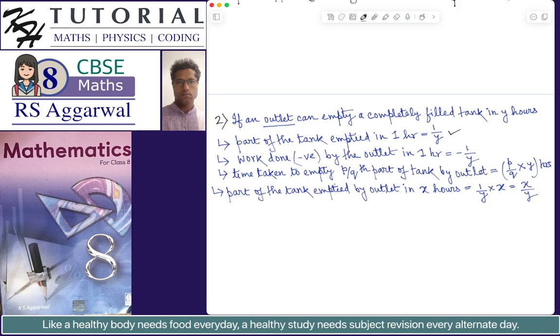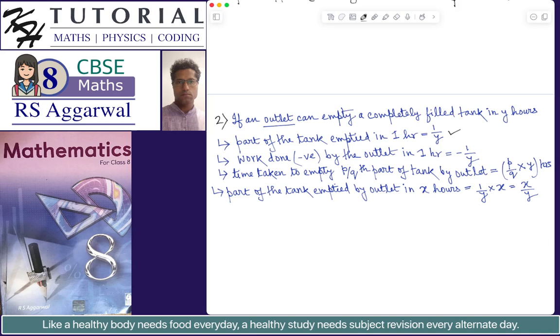This is very important to understand: the work done by an inlet tap is positive, and the work done by an outlet tap is negative. So for an outlet tap, the work done in 1 hour will be minus 1 by y.